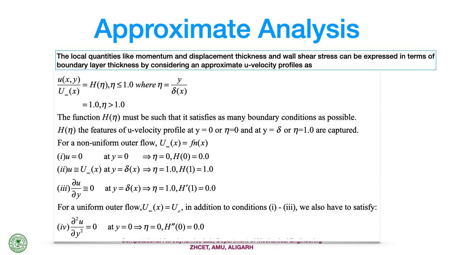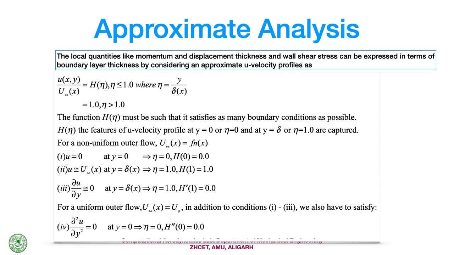So in the approximate analysis, we basically suppose the velocity profile, and we try to develop this velocity profile to satisfy all the boundary conditions that are possible to satisfy.